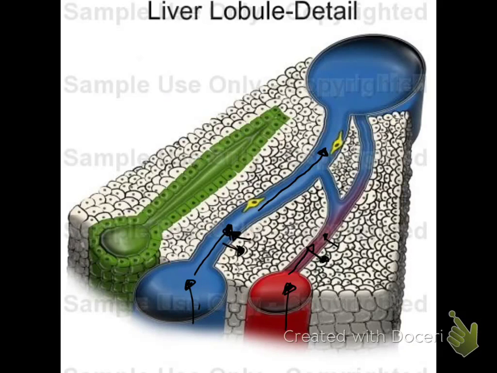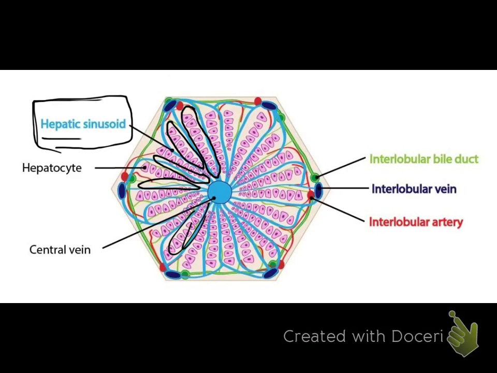It will drain the result of the exchange into the sinusoid, and the sinusoid will eventually drain into the central vein. Okay, and the central or hepatic central vein will drain into the inferior vena cava. So I think now you know what is liver sinusoid.